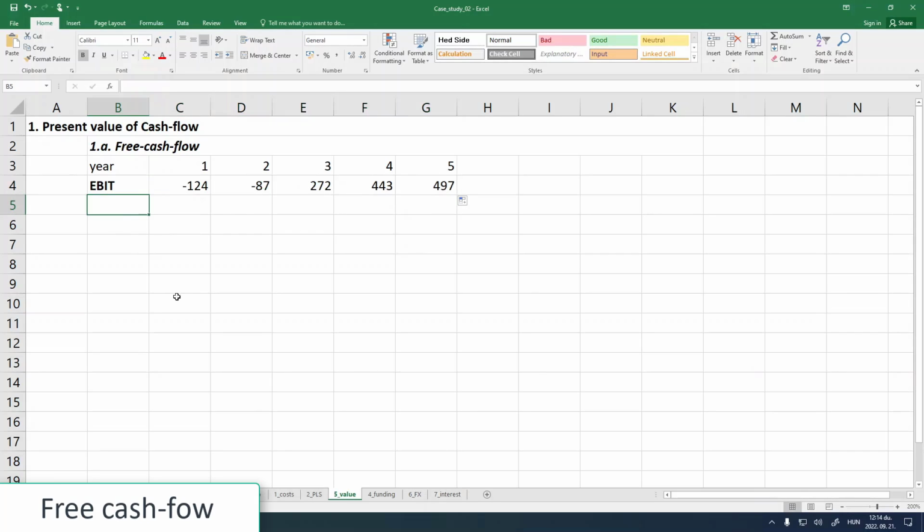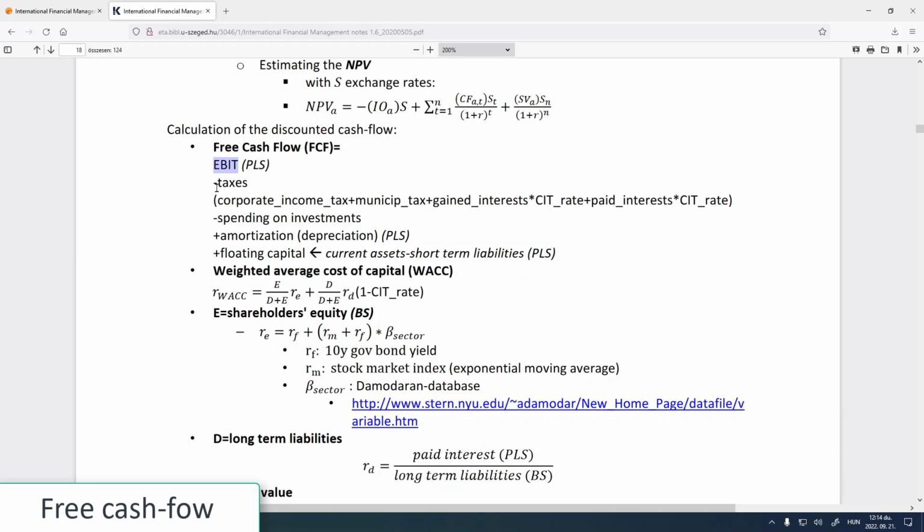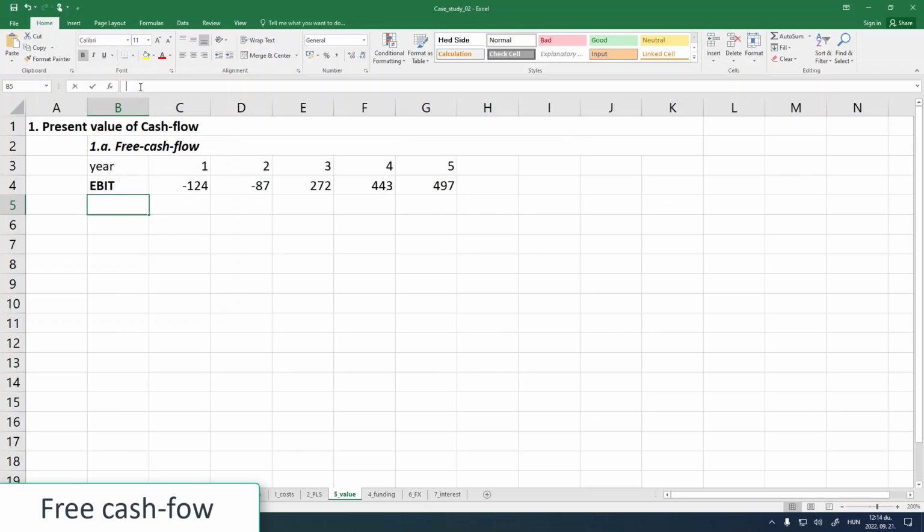So this is also my first time building it up in Excel. So next step, taxes. We know that Excel doesn't like minus, so we have to put it into quotation marks. Otherwise, if we start with minus, then it thinks it's mathematics.